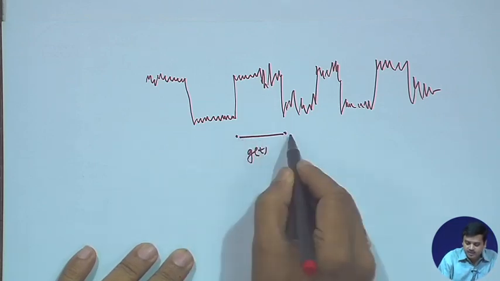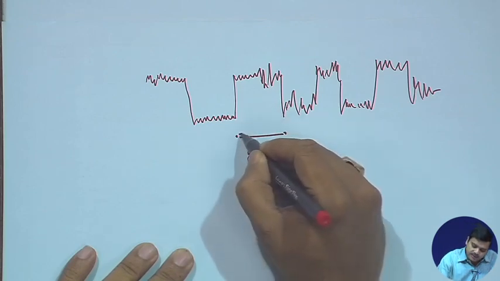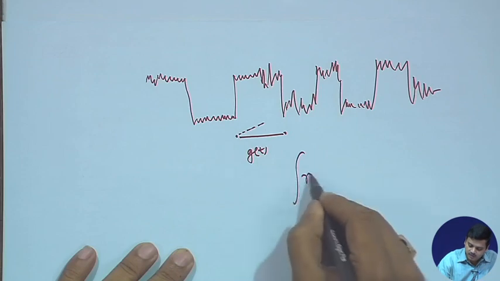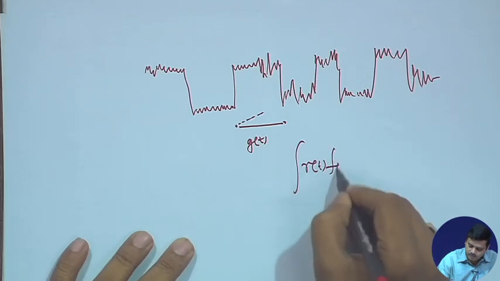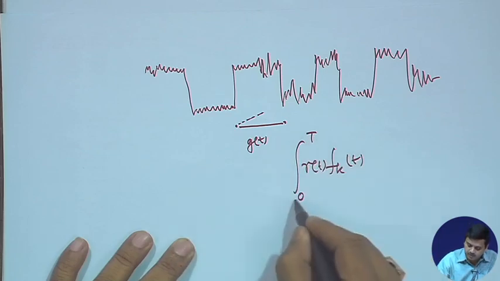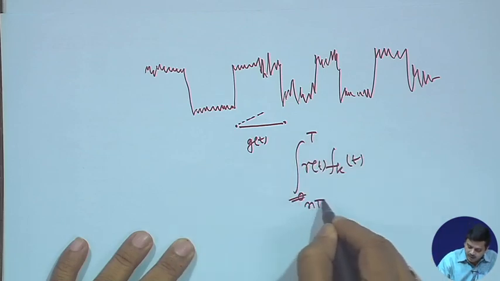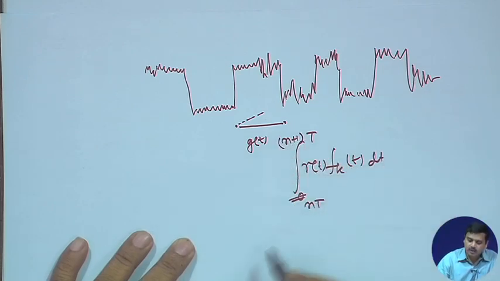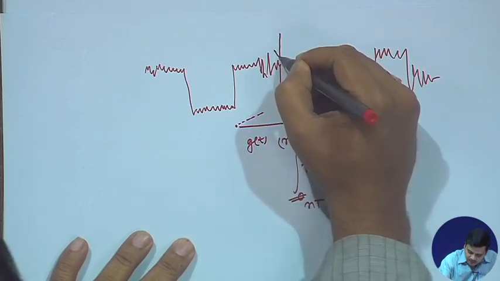So, g of t gives us this period and integrate it. That means, you multiply and integrate, that is the matched filter, from 0 to T, or we sometimes said nT to (n+1)T, dt, and we said sample it at this instant.